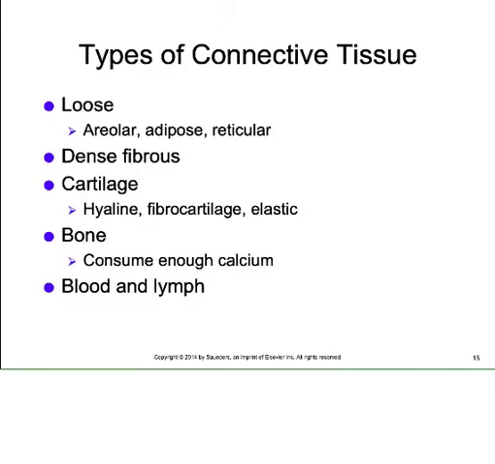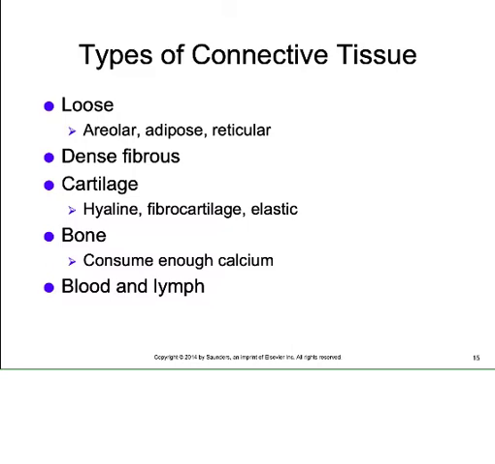The different types of connective tissue shown here, right? Loose connective tissue, including areolar, adipose, and reticular connective tissue. That's connective tissue proper. Dense, irregular, and regular connective tissue is also connective tissue proper. And again, it's found primarily in joint capsules, ligaments, tendons, and around certain organs.